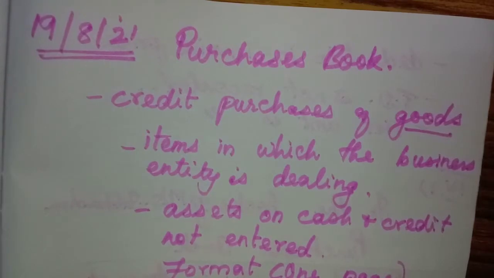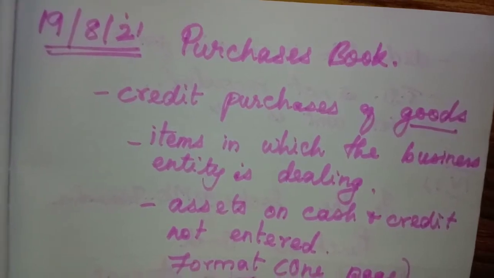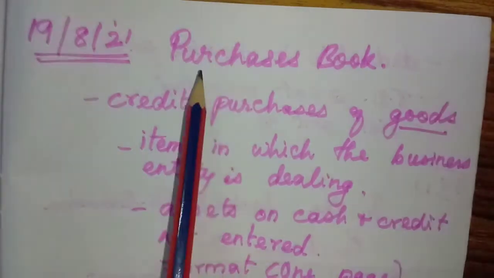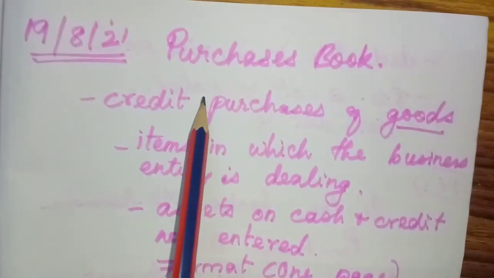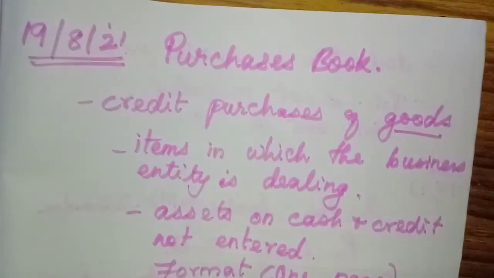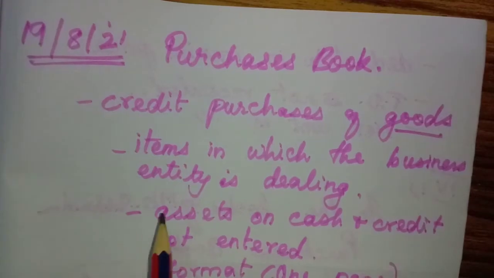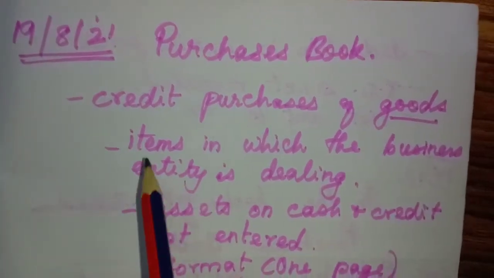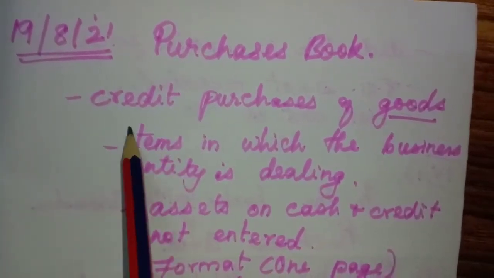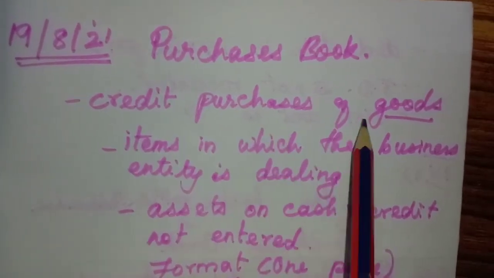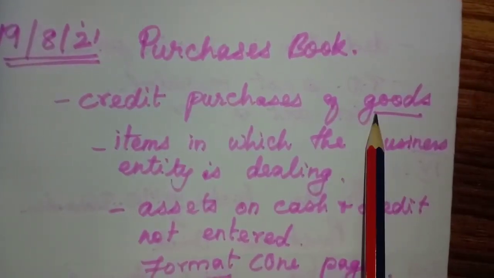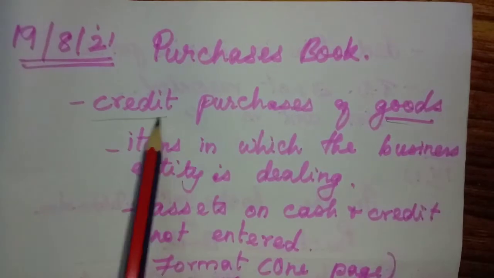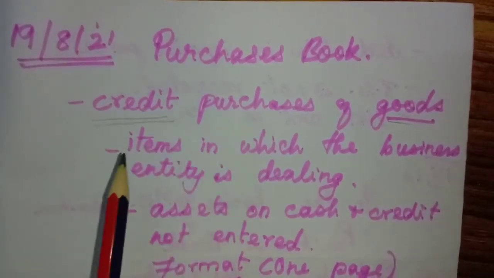So today we are going to learn about the purchases book. That is the first subsidiary book. Here in the purchases book, what do we enter? All the credit purchases of goods. One thing you should understand: credit purchases.